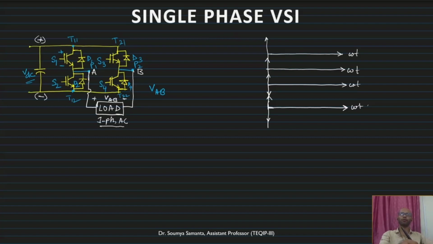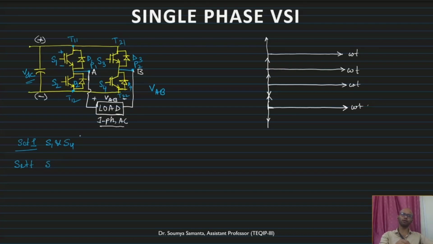So what will happen? What are the sets? In set 1, we have derived that switch 1 and switch 4, S1 and S4, will be turned on.